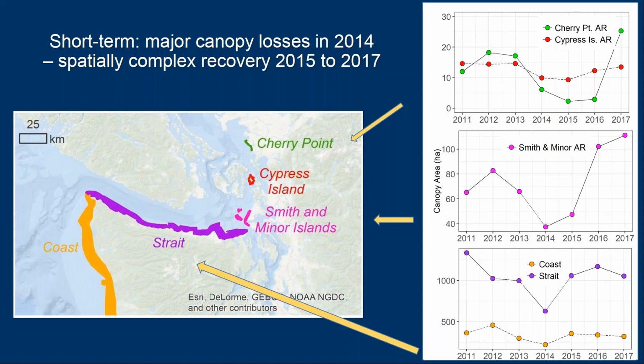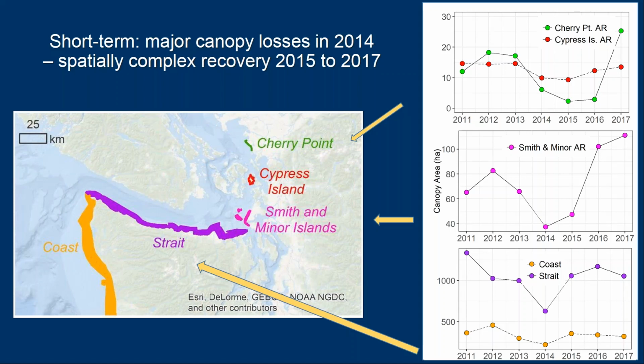So this map shows areas we monitored with the same long-term aerial photography methods. And what you see is if you start at the coast and the strait on the lower right, the mustard and the purple, they declined dramatically in 2014. But unlike North and Central California, they rebounded in 2015.